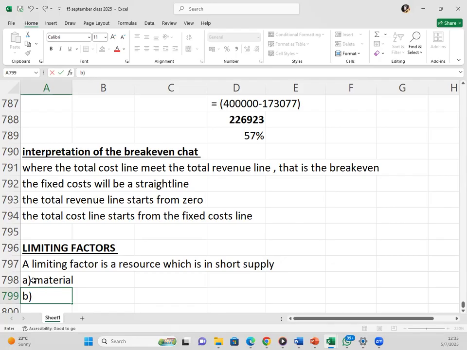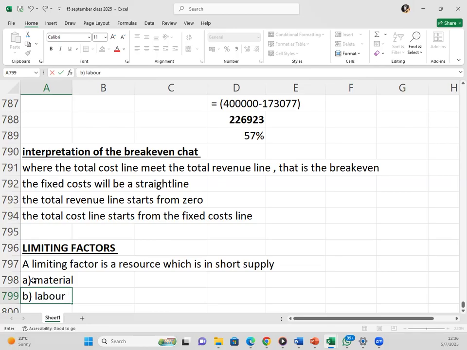In most cases, we have machines that are lying idle because we don't have the material required. So material could be a limiting factor because we don't have the material, but the machines are there. We can produce if we were to have the material. So what is limiting us to operate at our full capacity is material. That's number one. We can also have labor.